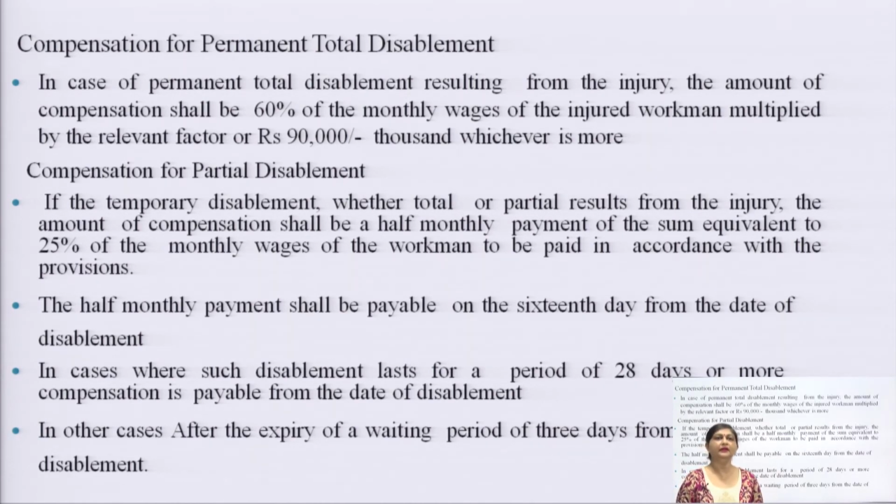So, what will be the compensation in that case? In case of permanent total disablement resulting from the injury, the amount of compensation shall be 60% of the monthly wages of the injured workman multiplied by the relevant factor, or rupees 90,000, whichever is more.